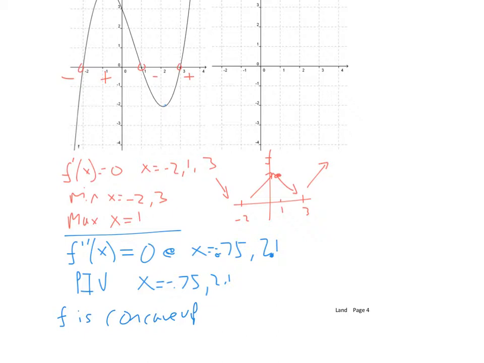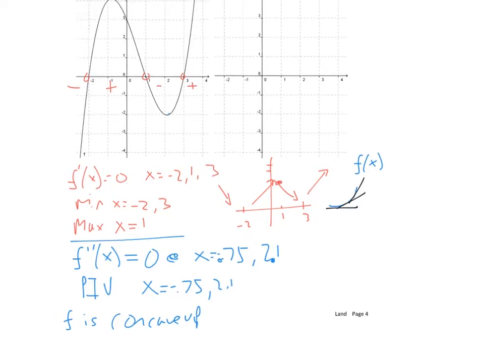So when we're talking about f, okay, if this is a graph of f of x, when the tangent lines are getting steeper and steeper and steeper, that is when we have concave up. That's the definition of concave up. So we want to know, when is the derivative increasing? Well, the derivative is increasing.